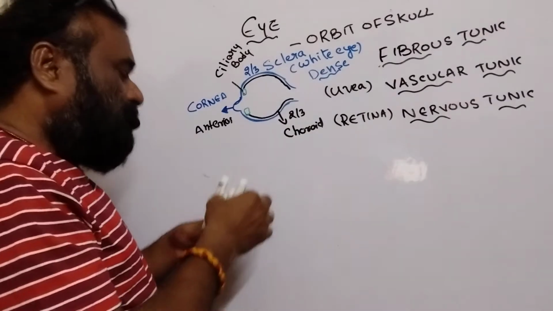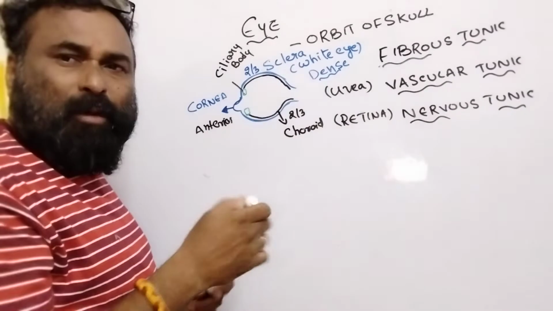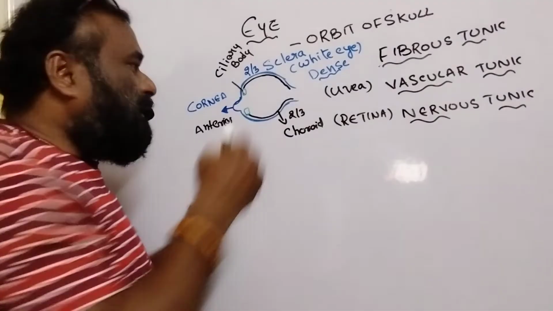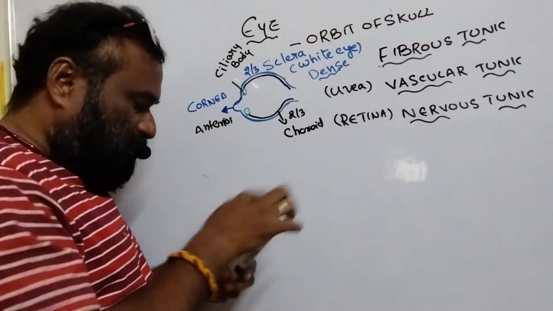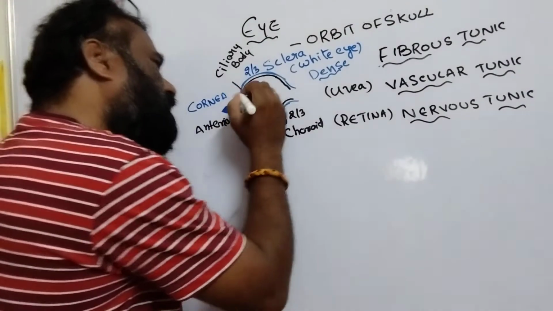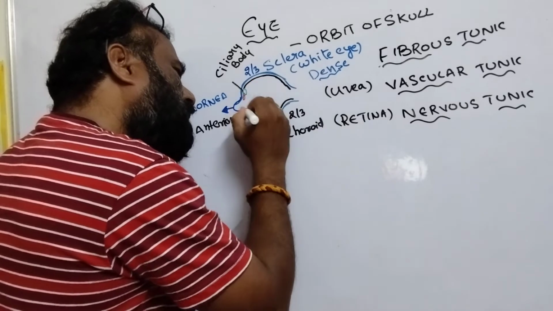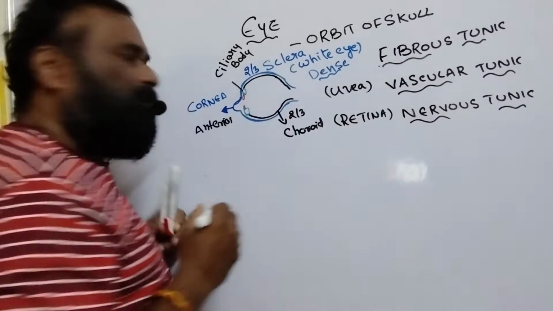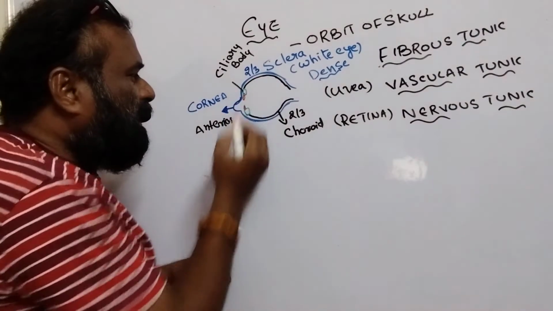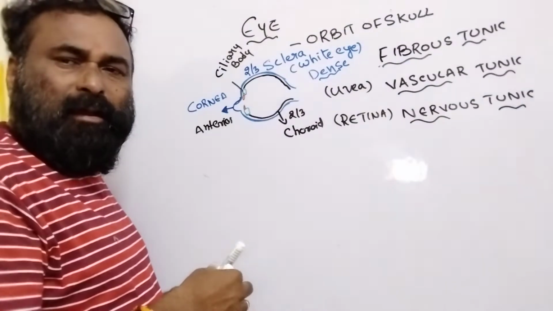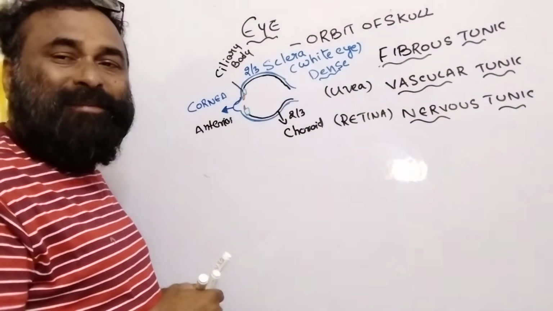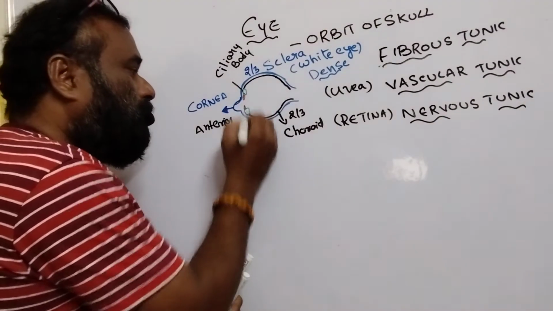Then there is another important portion, the iris, which is the extension of the ciliary body. The ciliary muscles and iris muscles are derived from ectoderm.